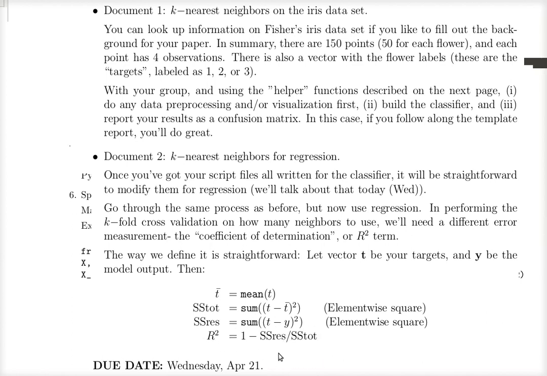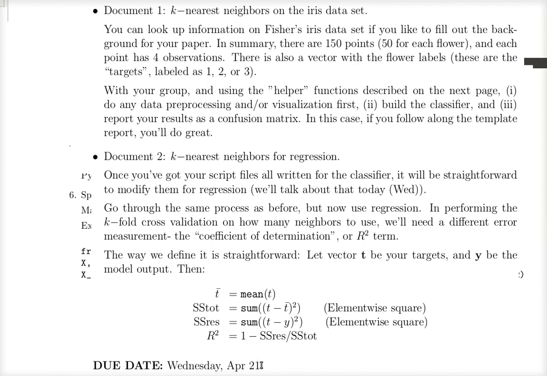The R squared is going to be a number between 0 and 1, and the closer to 1 you are, the better the model. You could think of it as R squared telling you how much variance in the data is being explained by your function. That's one way to think about it. But we'll talk about that again.